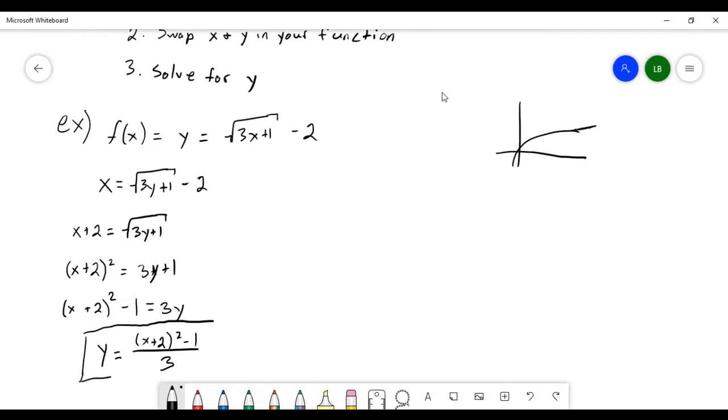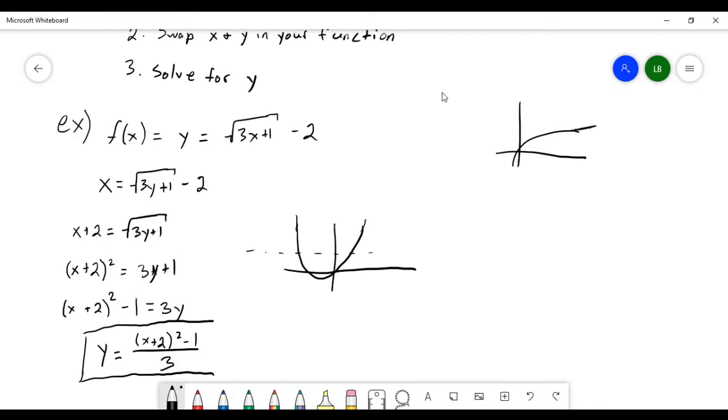However, we need to actually make one other adjustment. That is, we need to specify the domain of this function. Because if we just graphed this, we would get our full quadratic. It would look something similar to this. It might be a bit wider, but you'll notice this function actually doesn't pass the horizontal line test.